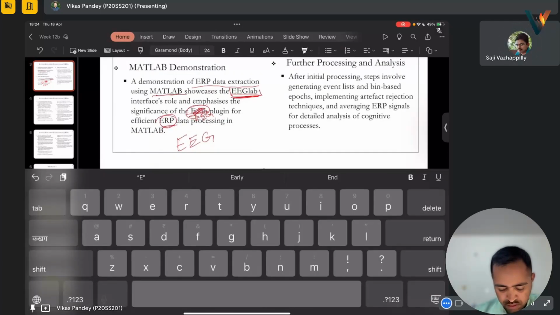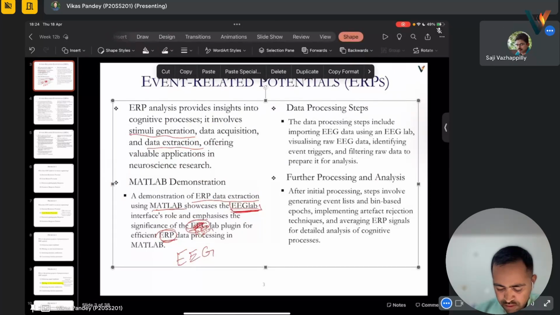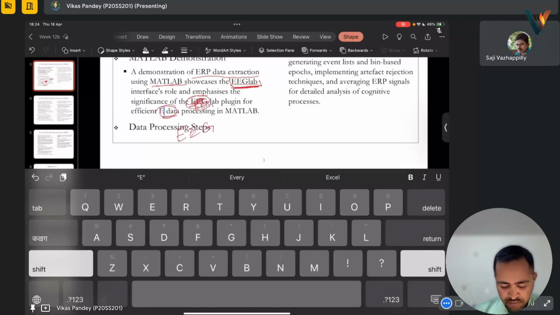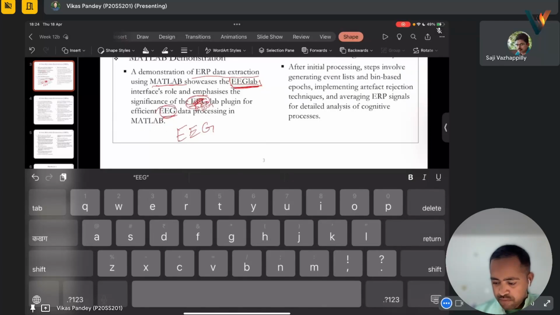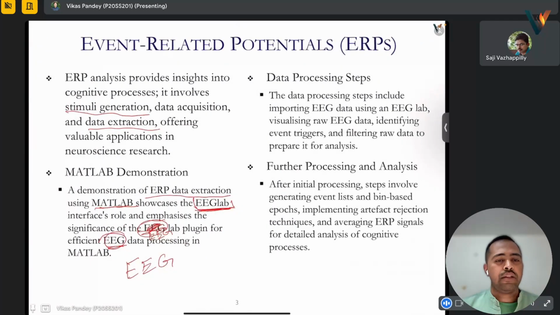Using the EEGLAB plugin in MATLAB, we were doing this analysis.